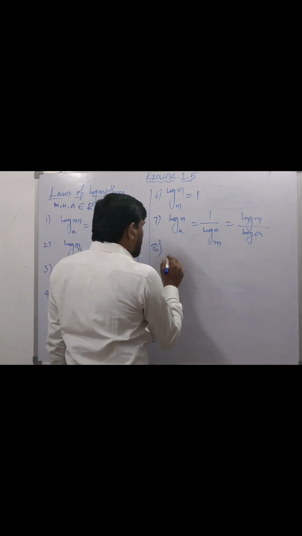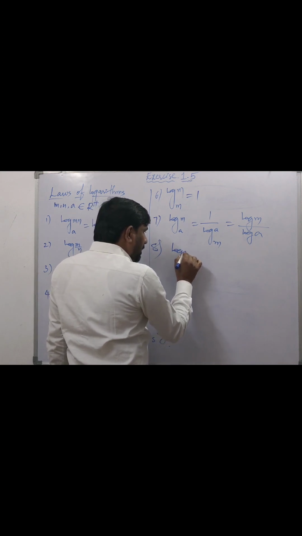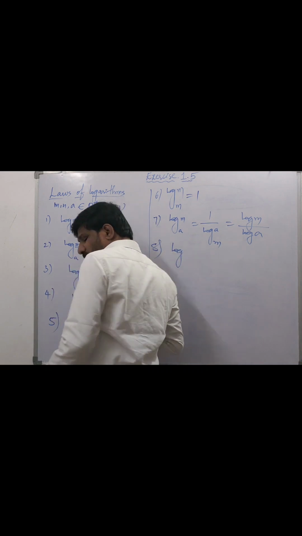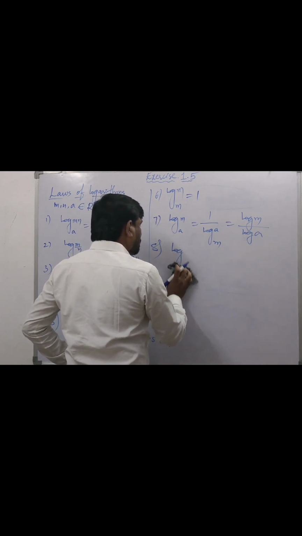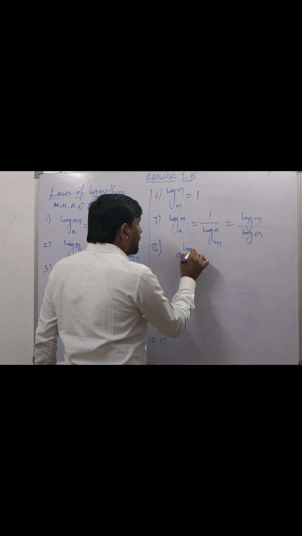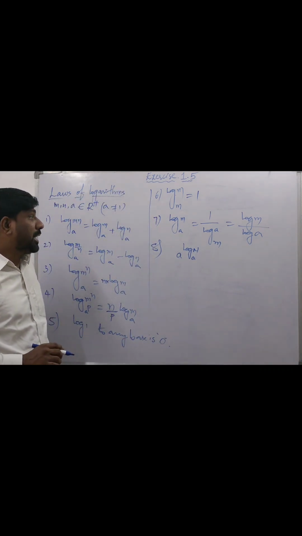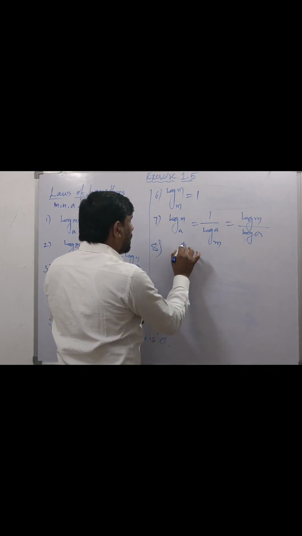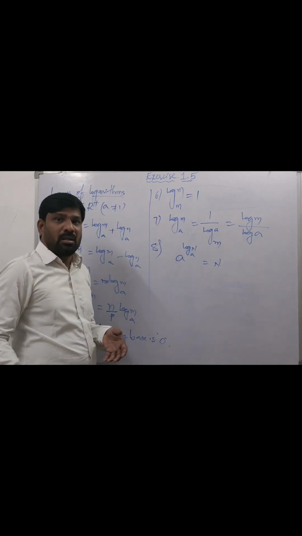And one more property is also there: a to the power logarithm of n to the base a. Here the log is in the power. A to the power log n to the base a can be written as n.